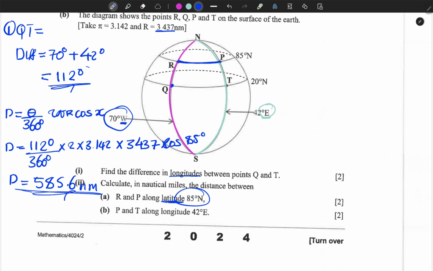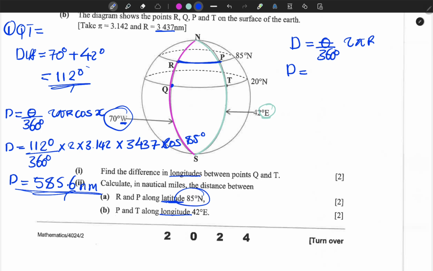Then for B, it's P and T. So along longitude. If it's along longitude, then your formula is this one, theta over 360 times 2 pi r. So you don't have to put the cos x. Since it's along longitude, we need to find the difference in latitude.